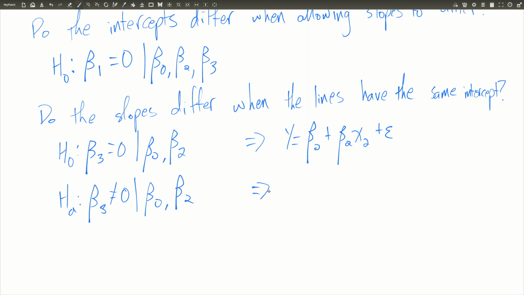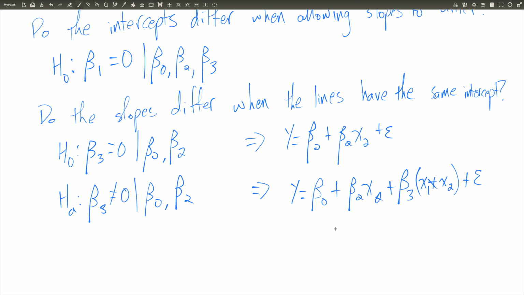And this corresponds to the model y equals beta naught plus beta 2 x2 plus beta 3 x1 times x2 plus epsilon.